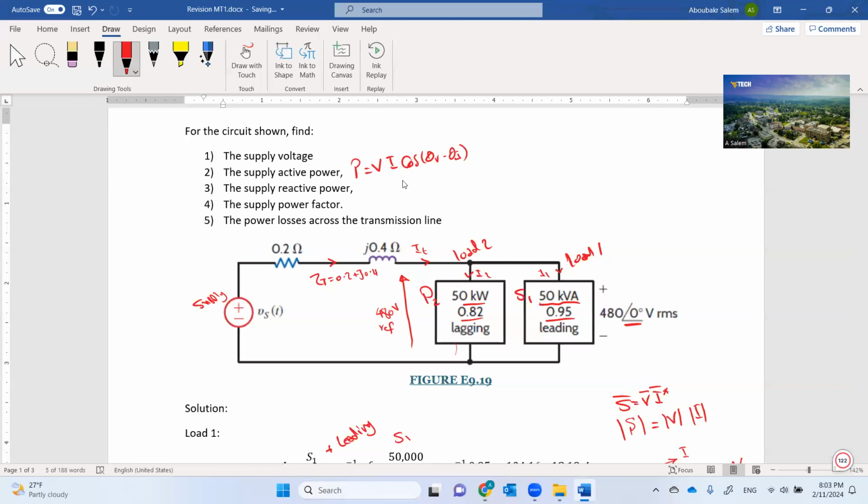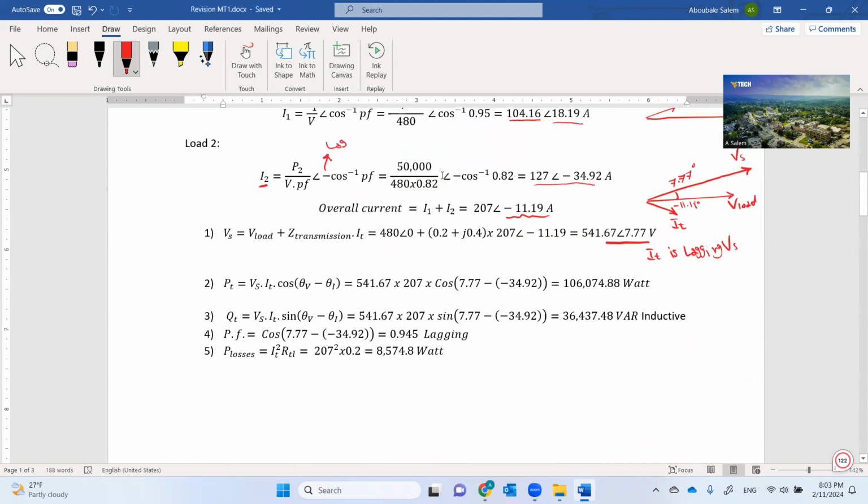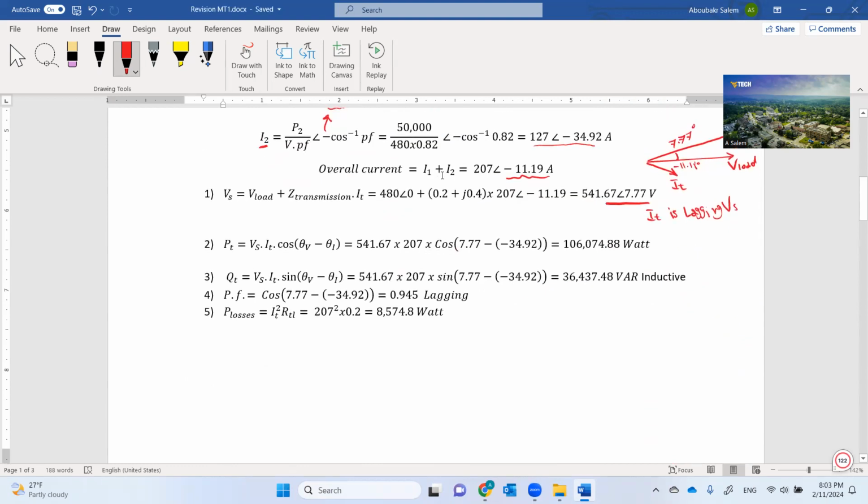For the supply, this means V supply times I total cosine theta V supply minus theta I total. We have V supply and I total now, so we can easily substitute in this relation.